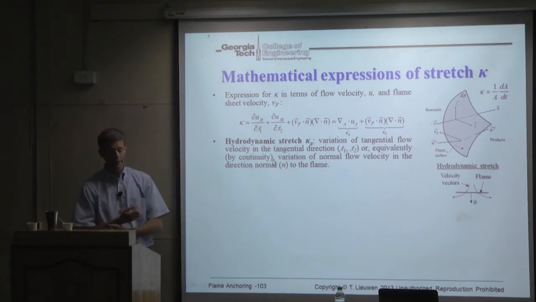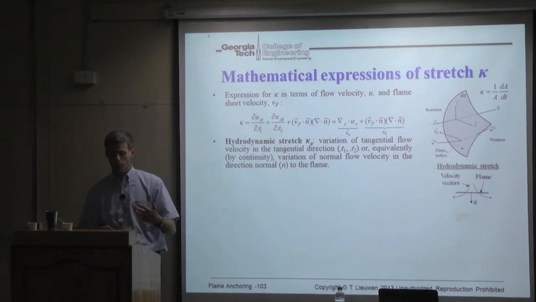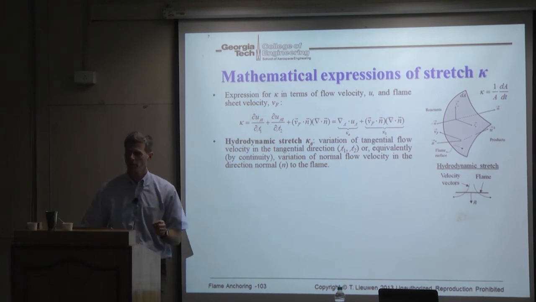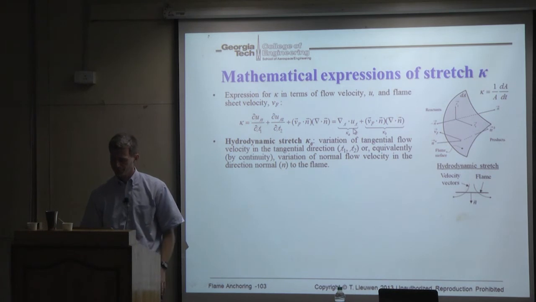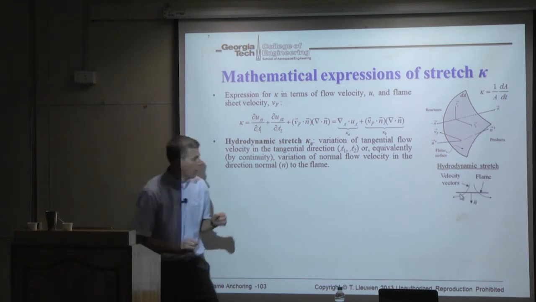Or equivalently, by continuity, it's the variation of the normal flow velocity in the direction normal to the flame. If you assume that the flow just upstream of the flame is incompressible, if del dot U is 0, then dun by dn will equal negative grad t dot ut. And so this would be an example of a hydrodynamically stretched flame.